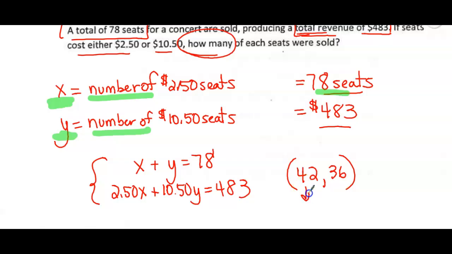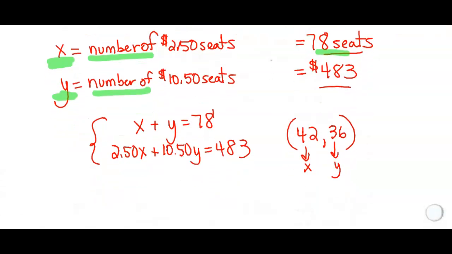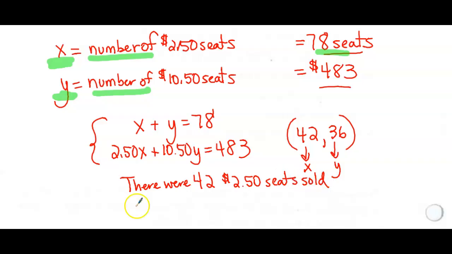So the answer 42 is X, and the answer 36 is Y, and we're just going to answer the question here, and we're going to say there were 42 $2.50 seats sold, and 36 $10.50 seats sold.